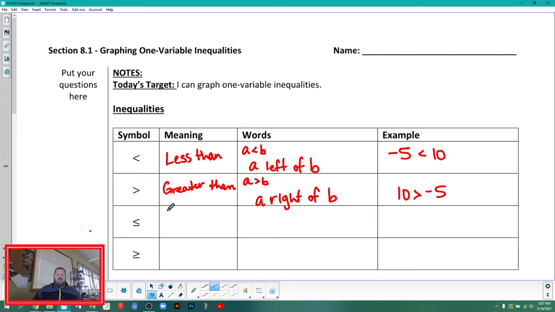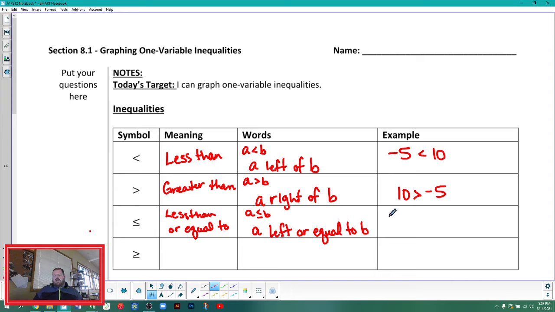When we have a line under it, this is going to mean less than or equal to. And so if I have A is less than or equal to B, we're saying that A is left of B, or equal to B. Okay, so a couple examples here.